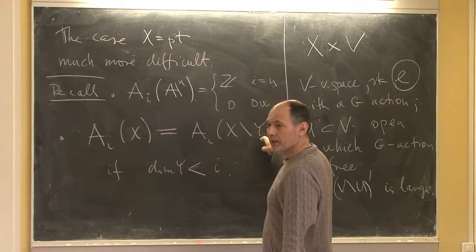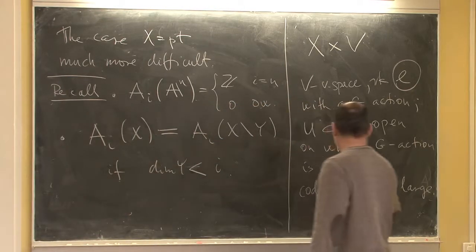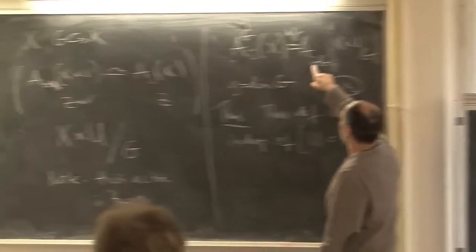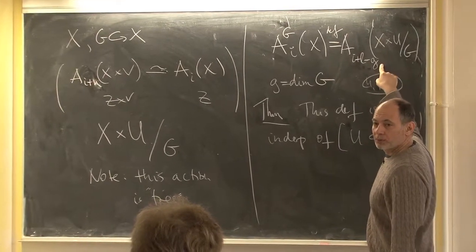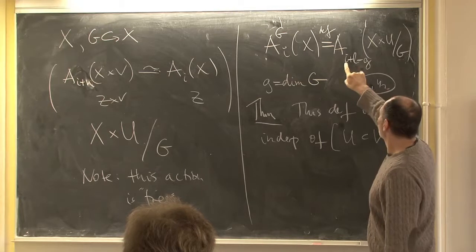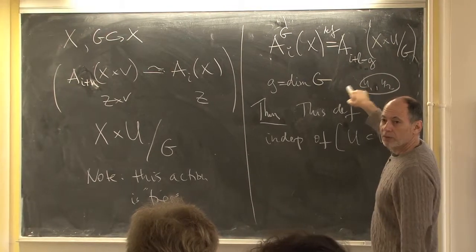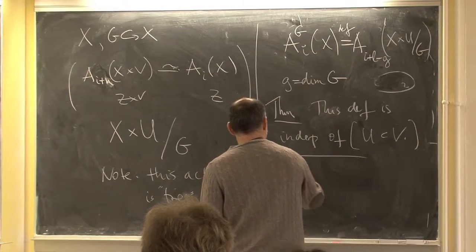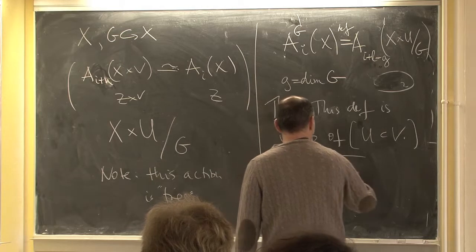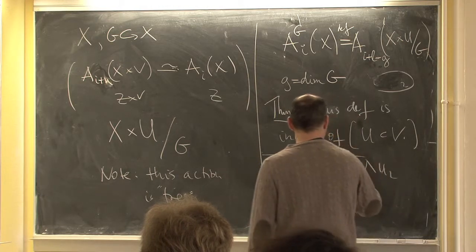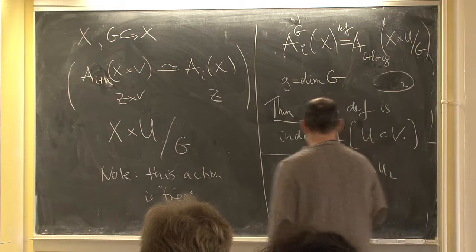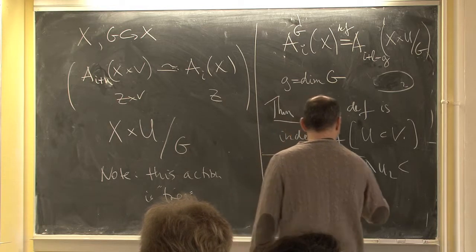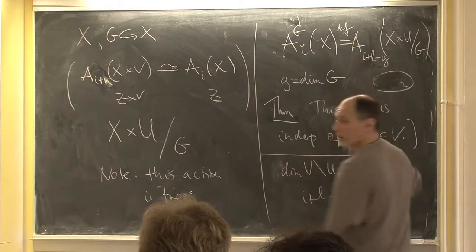If what I throw away, so this V minus U that I throw away, has a smaller dimension than I plus L minus G. So if I take two U1s and U2s where the difference between V minus U1, so I have some spaces, if the dimension of V minus U1 and V minus U2 is less than this number, I plus L minus G, then this thing is well defined, right?